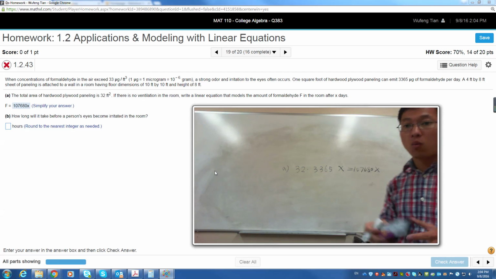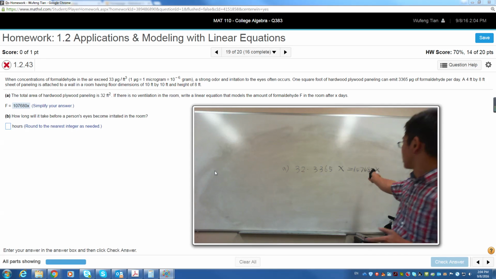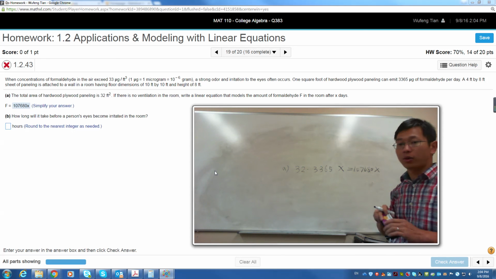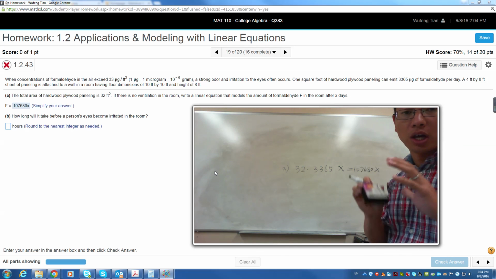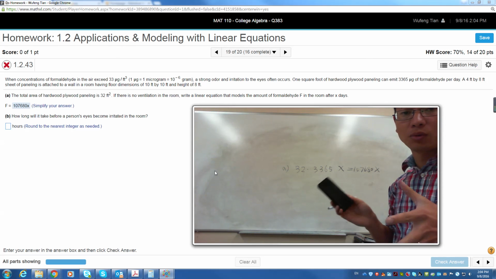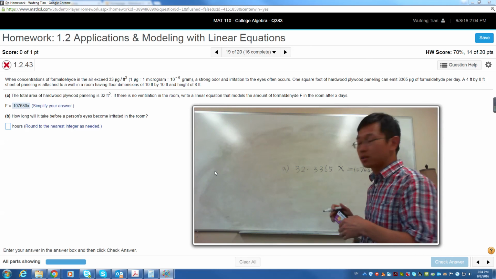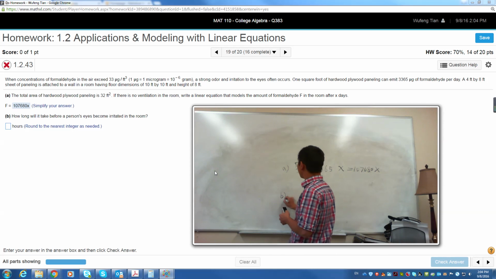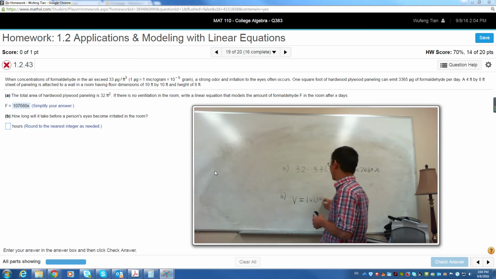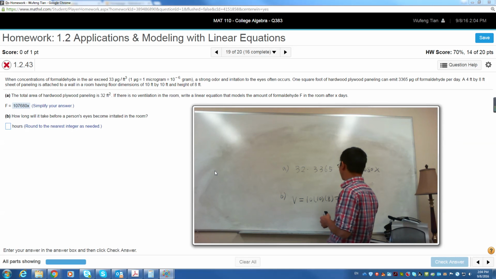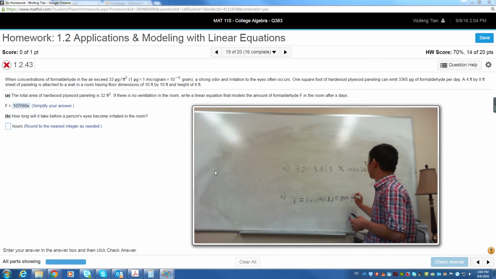Now 1 day it will emit that many micrograms. Now we need to find out the space of the room, which is 10 by 10 by 8, which is 800 cubic feet.